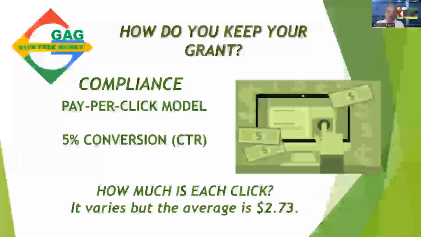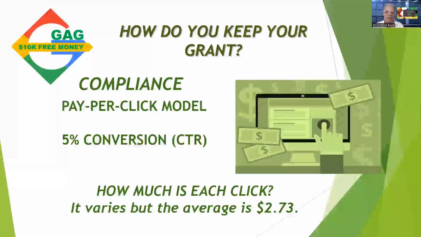Okay, now let's get back to some of the techie stuff and nitty-gritty stuff of a Google ad grant. And it's about how do you keep the grant? Because as you know, with many grants, they either have an ending period or they just stop, or it's usually for a set amount of money. But a Google ad grant is for perpetuity.